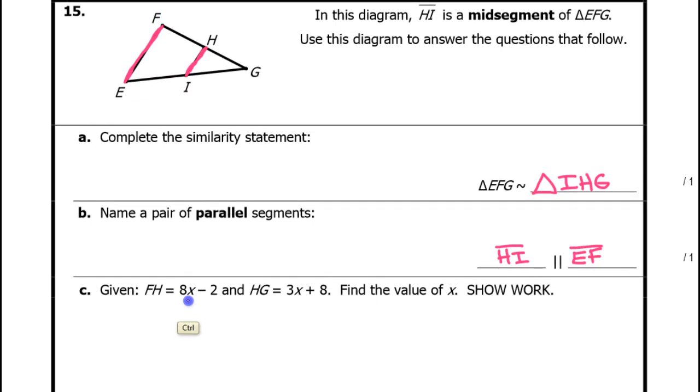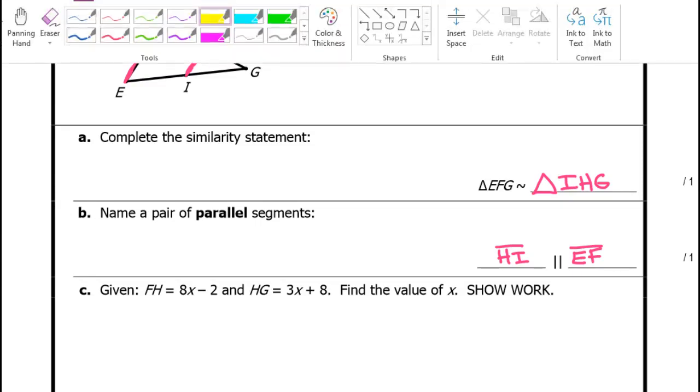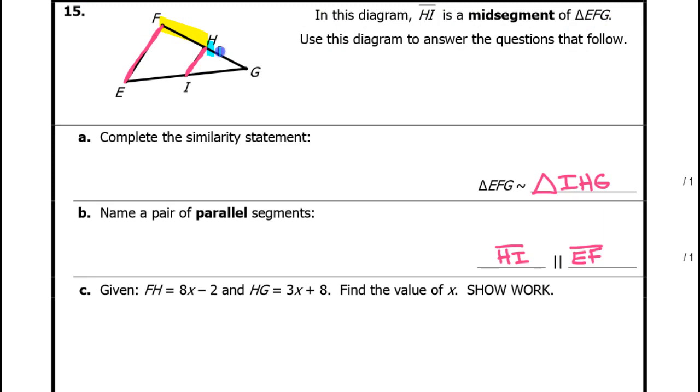Okay, now given that FH equals this and HG equals that, find the value of x. Well, those two things are up here. So here is FH and here is HG.